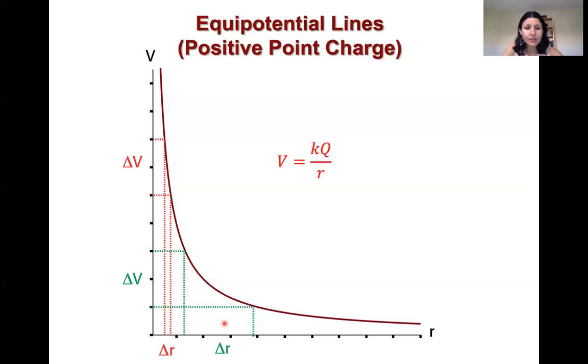Now, for larger r's, because this goes as 1 over r, the 2 green dashed lines here represent a much larger r. So what that tells us is that as we go away from that charge, for that same voltage difference, the difference in r has to be bigger.